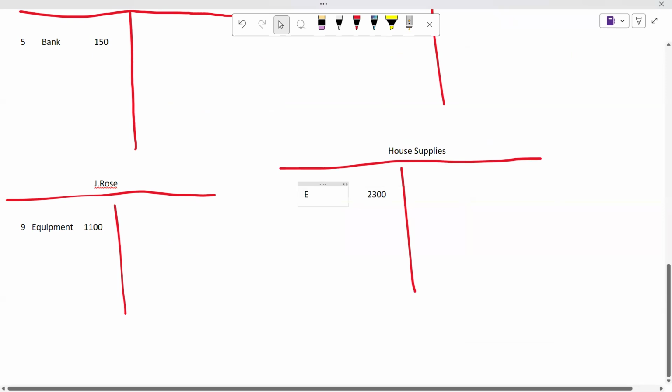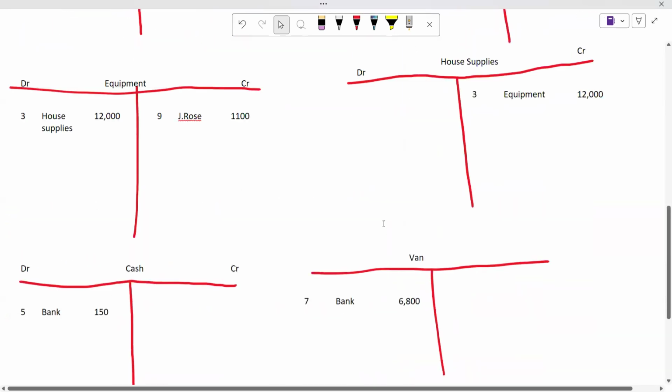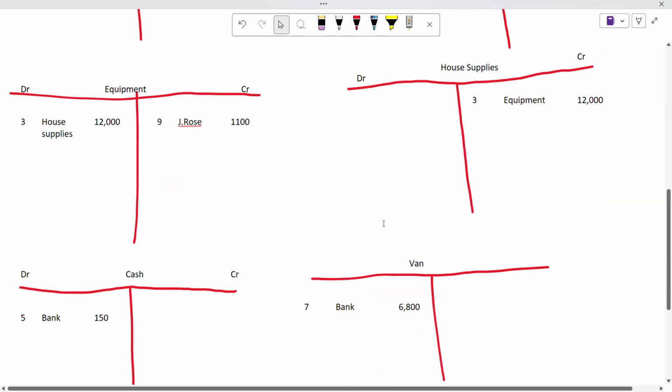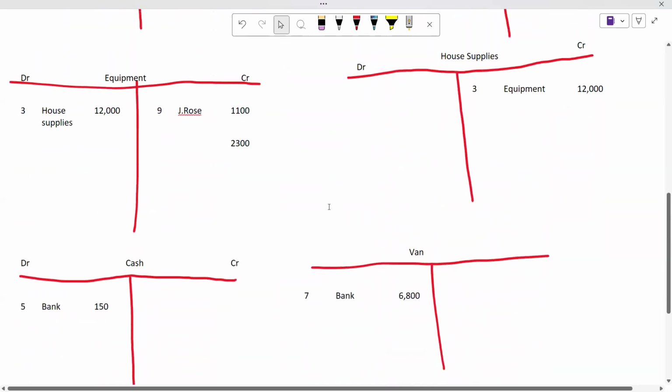Reason being the equipment. For instance, it happened on 10th May. And I already have the equipment account, so I'm going to use the same. I'm going to do 2,300. I'm going to use the house supplies account, which is the dual effect of this one. All right, and it happened on 10th May, for instance.